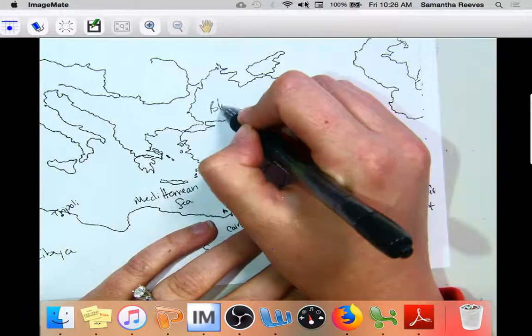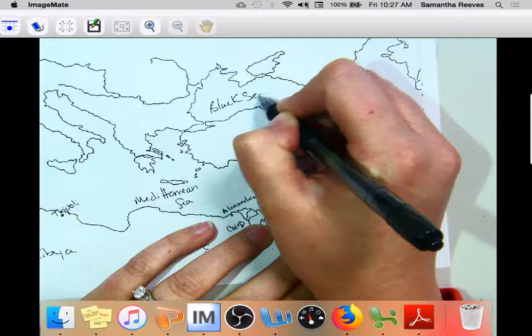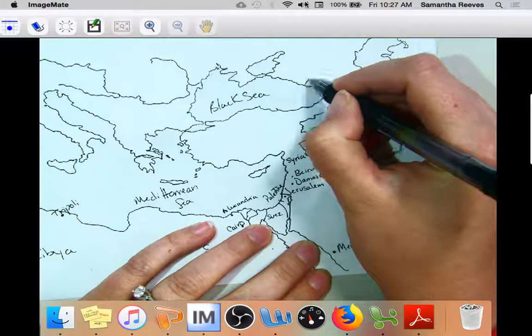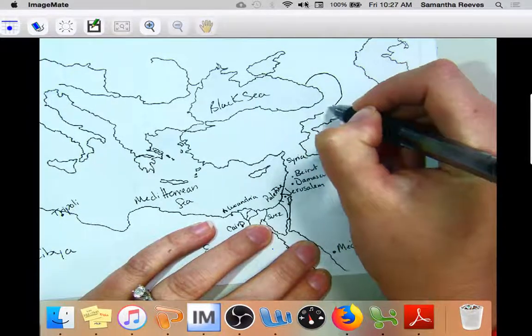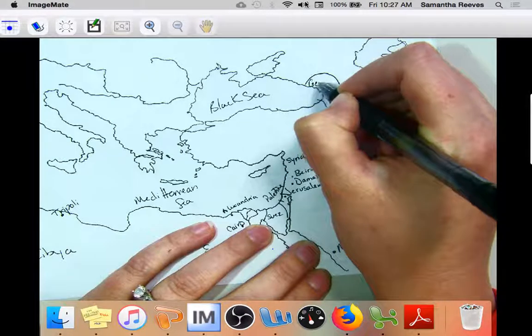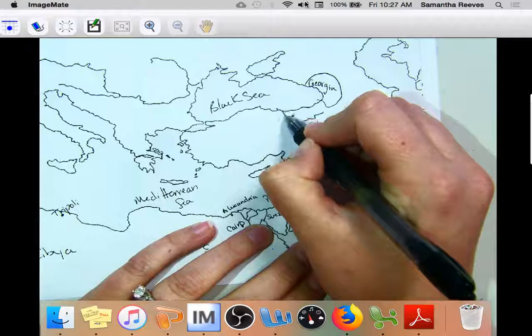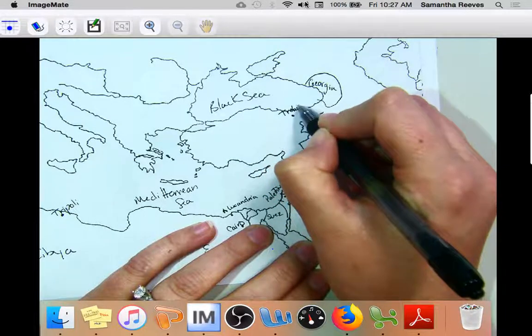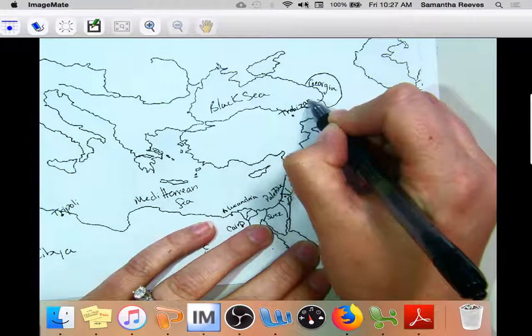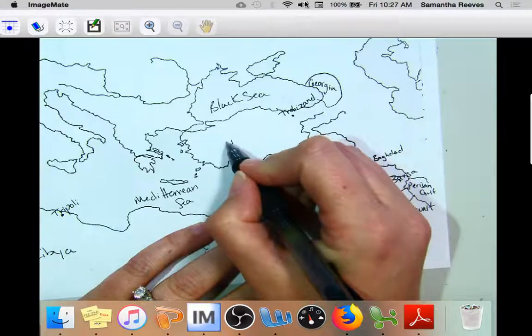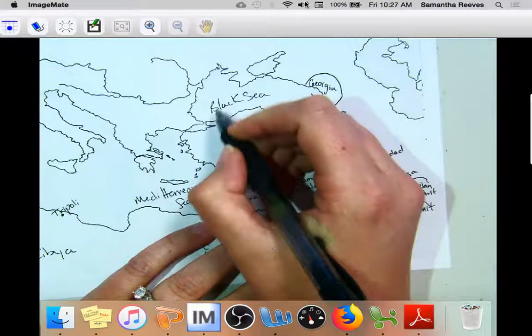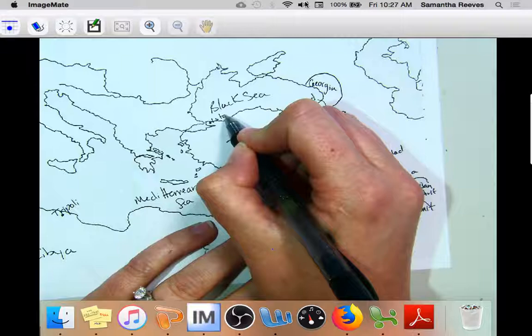Black Sea. Georgia. Trebizond. Turkey. Istanbul.